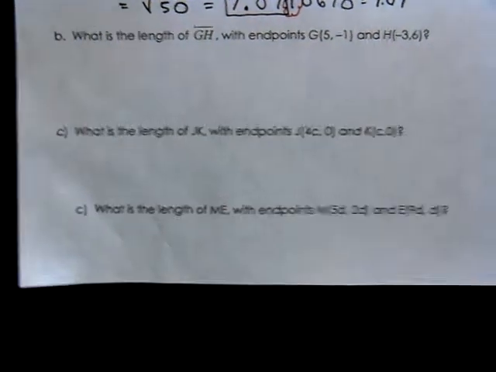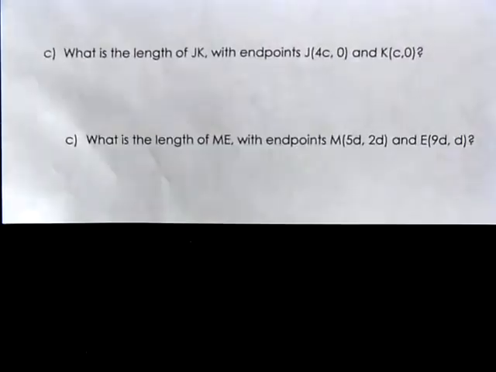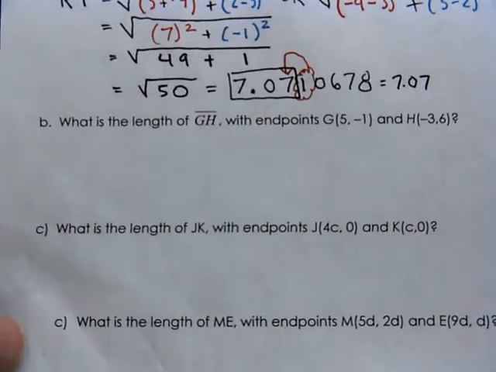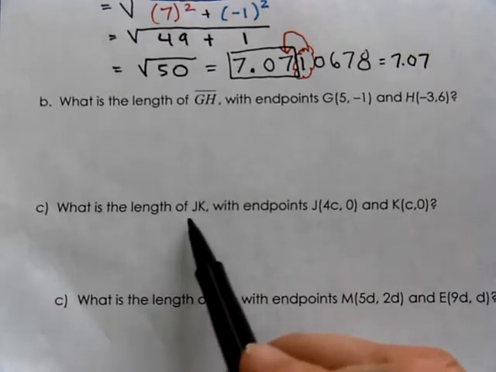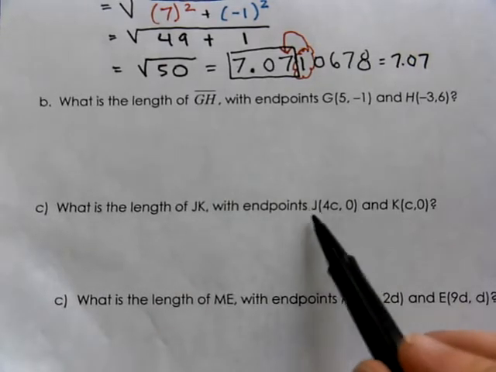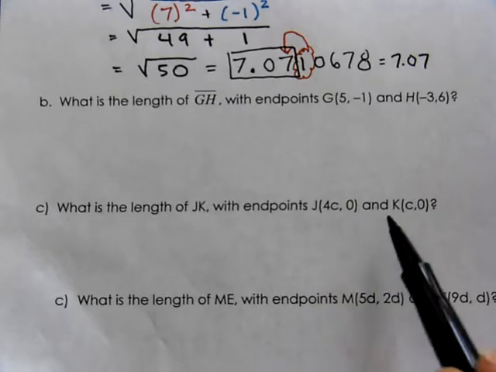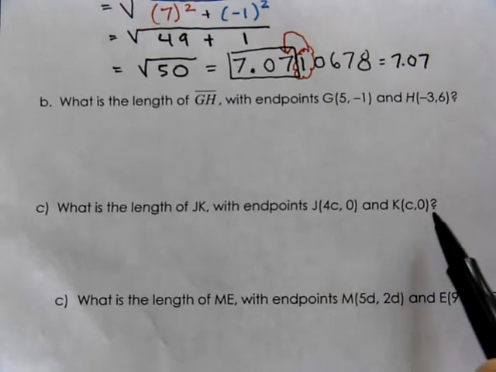It gets different in these last two examples when we take the numbers out and we replace them with variable coordinates. Here in part C it says find the length of JK with endpoints of, J is located at (4C, 0), and K is located at (C, 0).